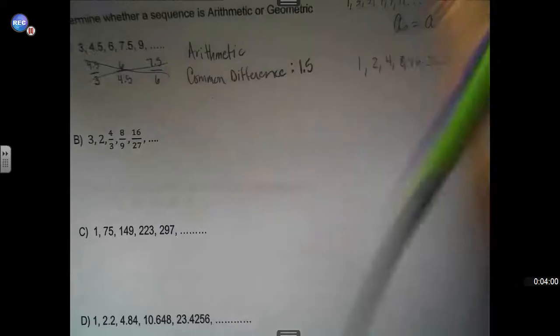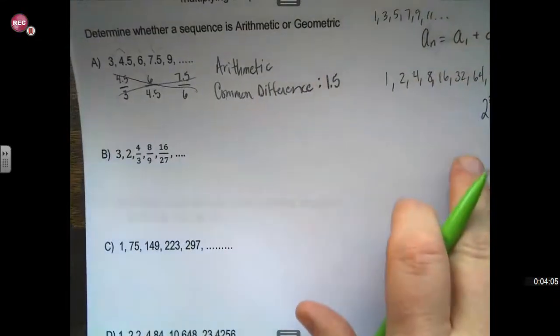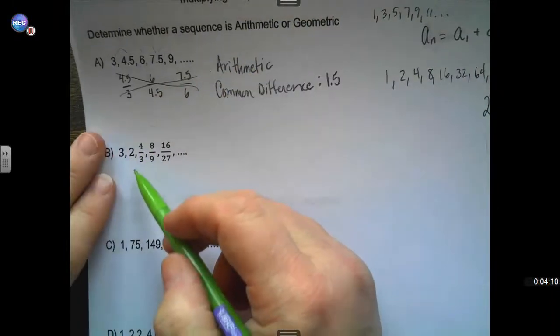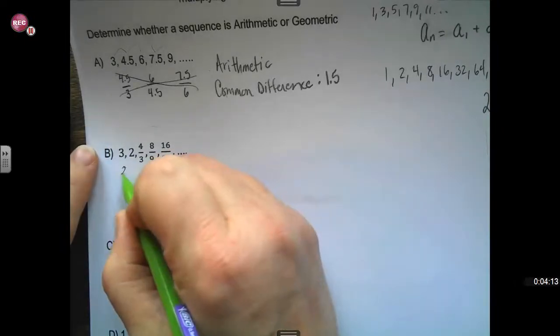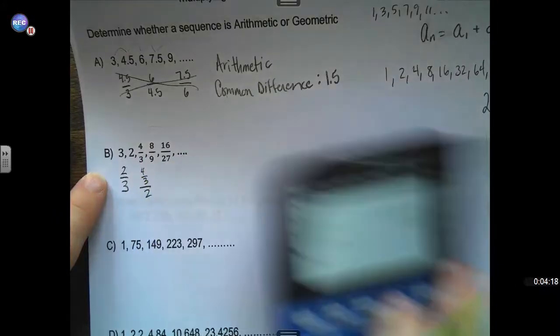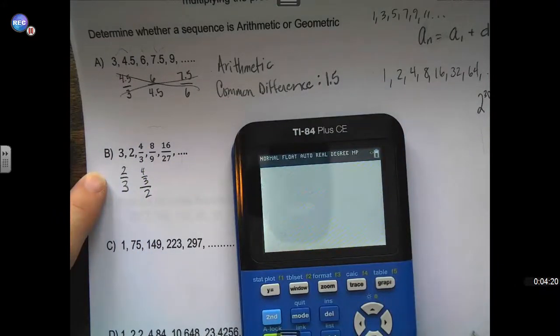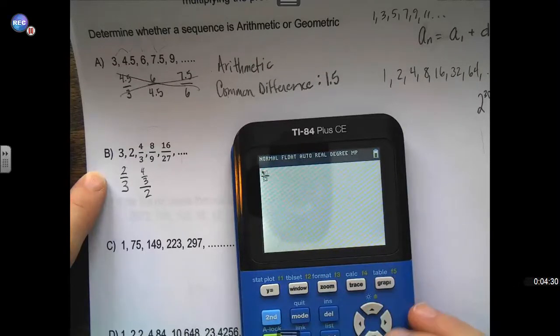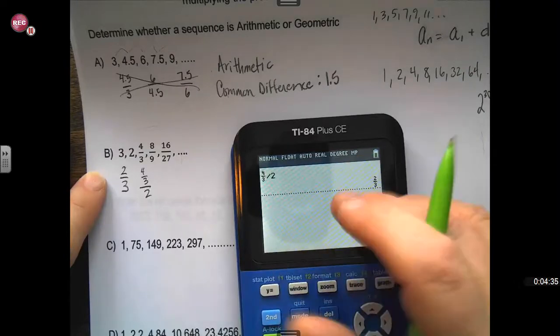We start out with 3, and then we have 2. You take the term and divide by the previous term. So 2 divided by 3, and then 4/3 divided by 2. Let's see. 4/3 divided by 2 is 2/3.